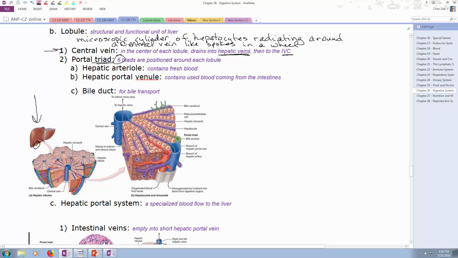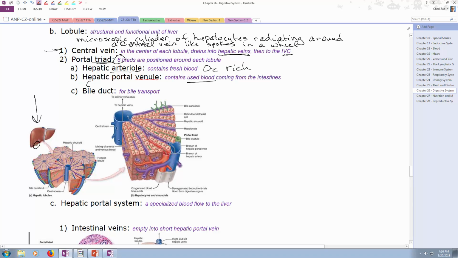Triad means 3 structures, and 6 of them are arranged around a lobule. And in the triad, we will have a hepatic arteriole, which will contain fresh blood, which means O2 rich. A hepatic portal venule will also be right there next to it, containing used blood coming from the intestines.